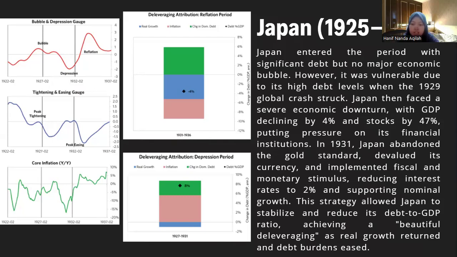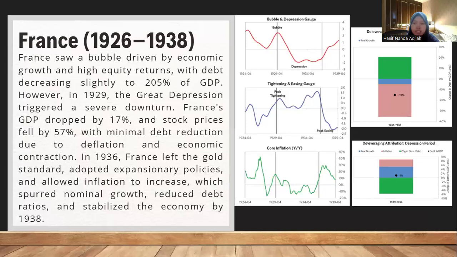Then in 1931, Japan devalued its currency, and then implemented fiscal and monetary stimulus. This strategy allowed Japan to stabilize and reduce its debt to GDP ratio, achieving a beautiful deleveraging as real growth returned and debt burdens eased.